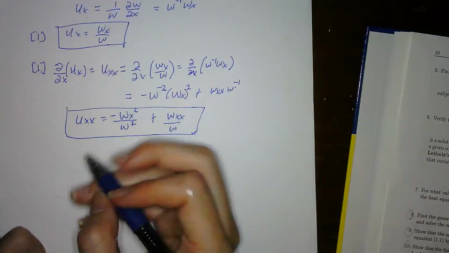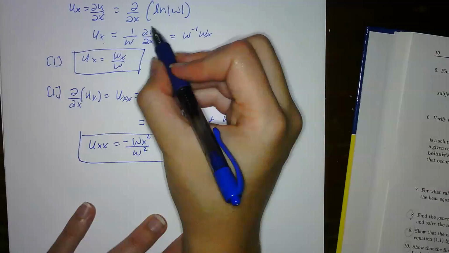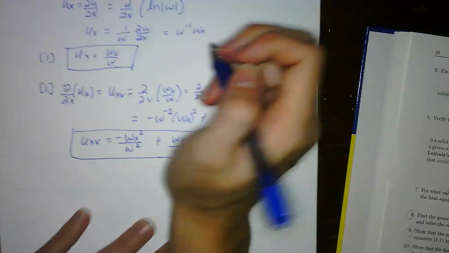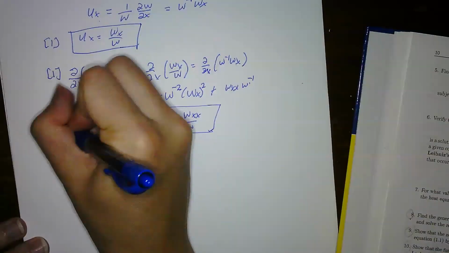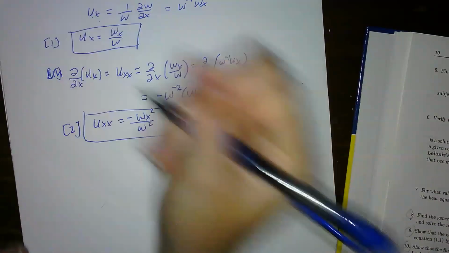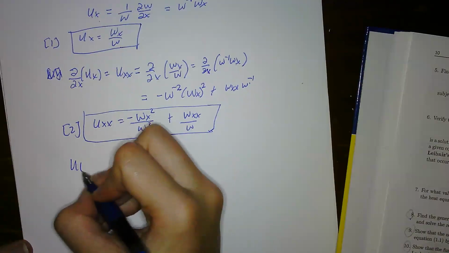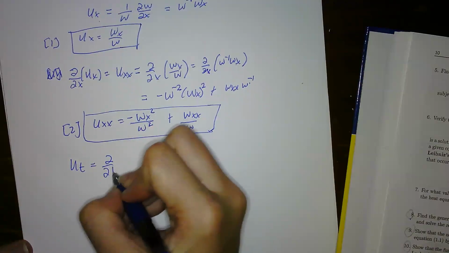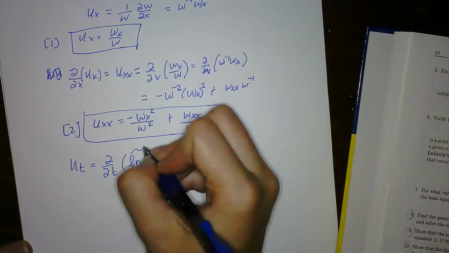Now we need to find u sub t. So we need to basically take the derivative of ln of w with respect to t. So this will be equation 2. And now we're going to find u sub t, which is partial of partial t of ln of w, because this is u.